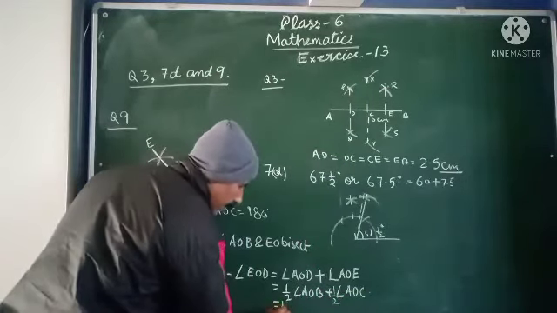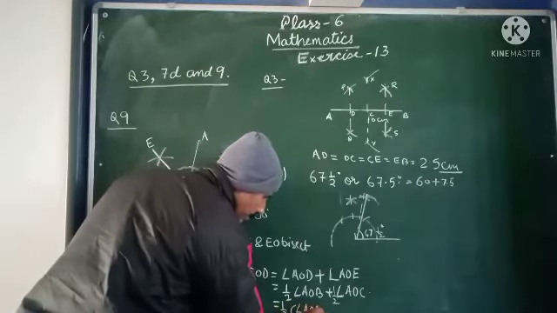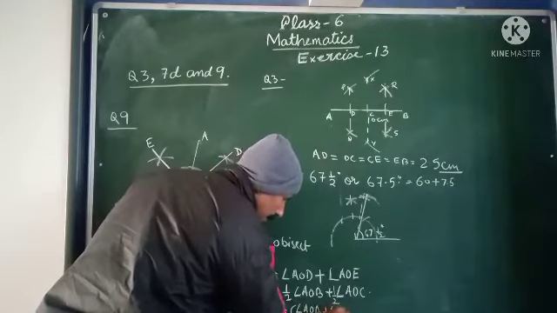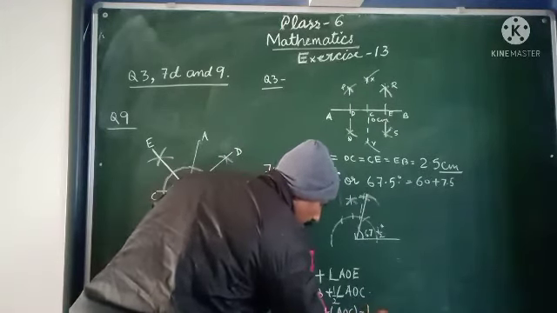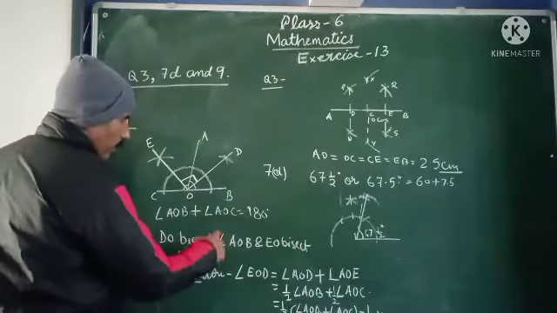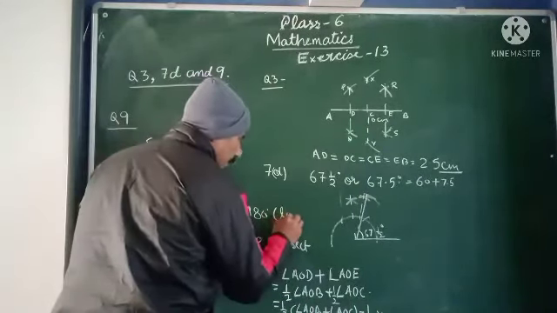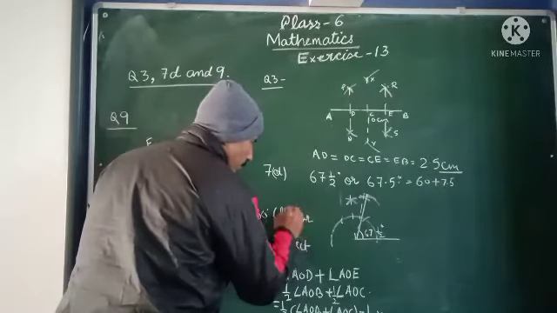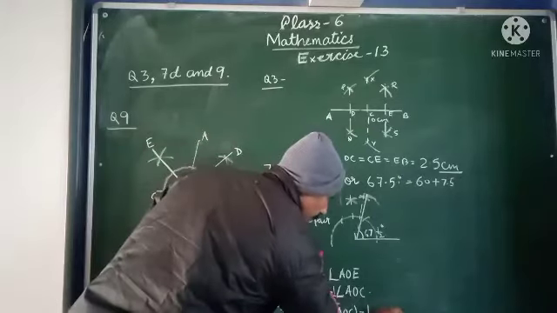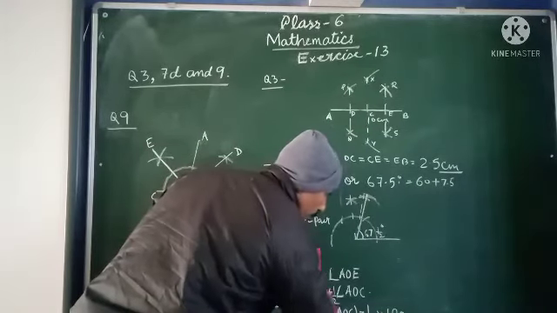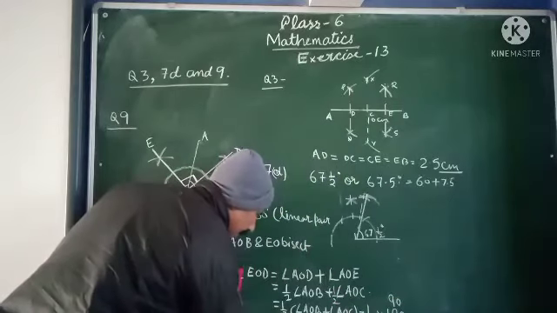So you can take 1/2 as common, and you will get 1/2 into angle AOB plus angle AOC. You see the sum of angle AOB and AOC is 180 because they are a linear pair. So here it will be 180. Half of 180 is 90. So you will get 90 degrees.